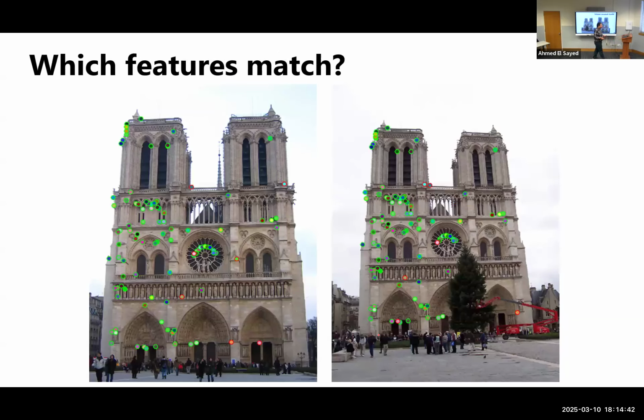This is exactly what we will do in feature matching. The feature matching technique means I have features in this image, and I have features in that one, and I'm trying to see which one here matches which one there. So this is the feature matching problem.